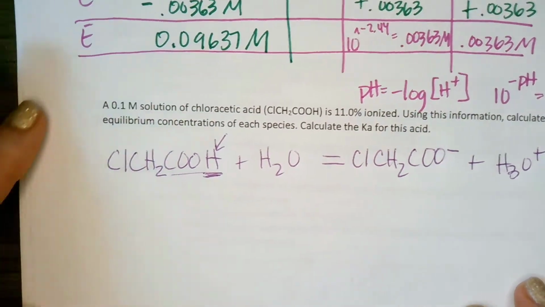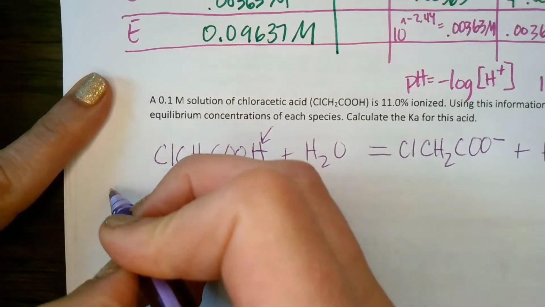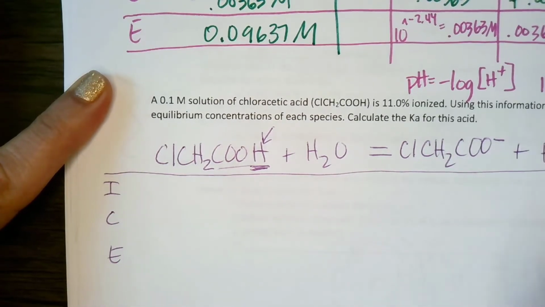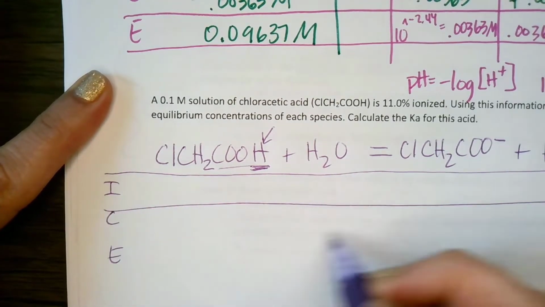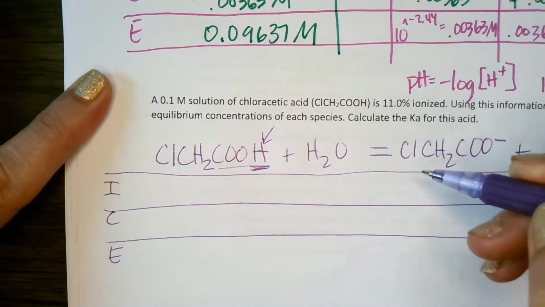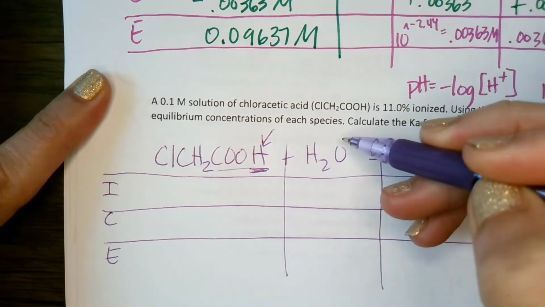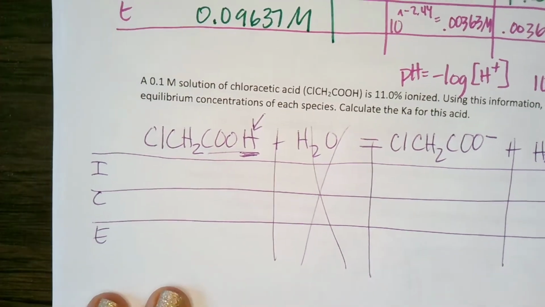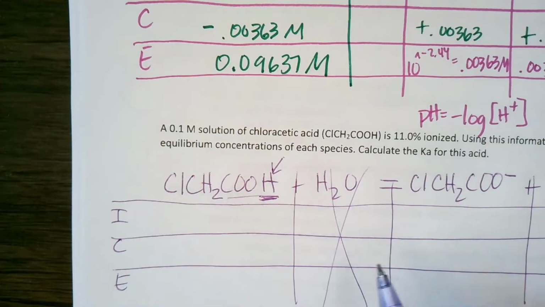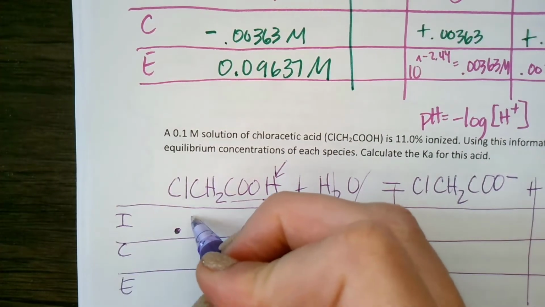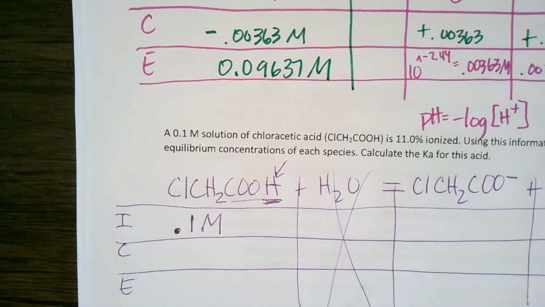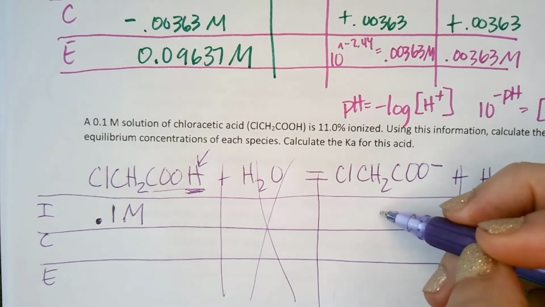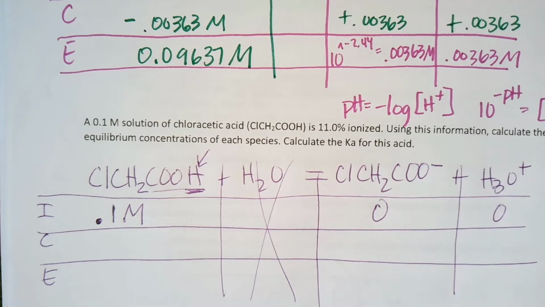All right, so now let's look at our ICE table here. We can cross off water. And it tells us that we're initially starting with a 0.1 molar solution of this acid, 0.1 molar. And we're also assuming that this reaction hasn't started yet, so I have no products at this point.